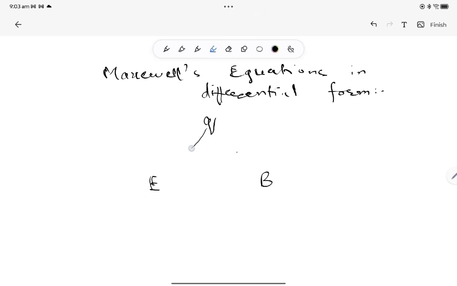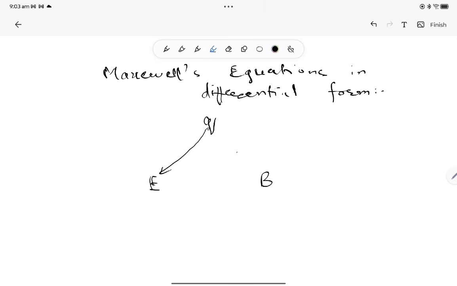If we draw a curve, a line or a curve that goes from Q to E, it tells us that a charged particle is a source of electric field. Where there is a charged particle, there is an electric field around it. That is true not only for stationary charges but for moving charges.